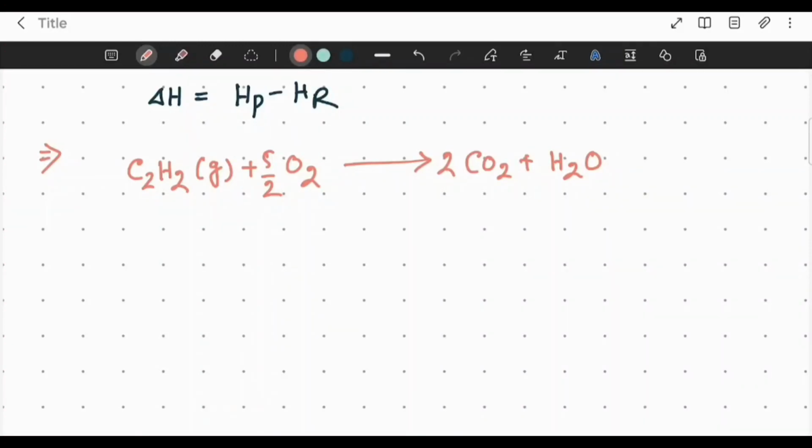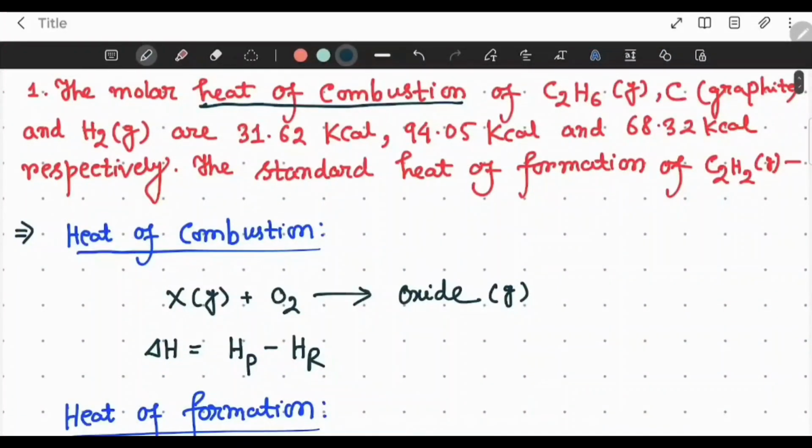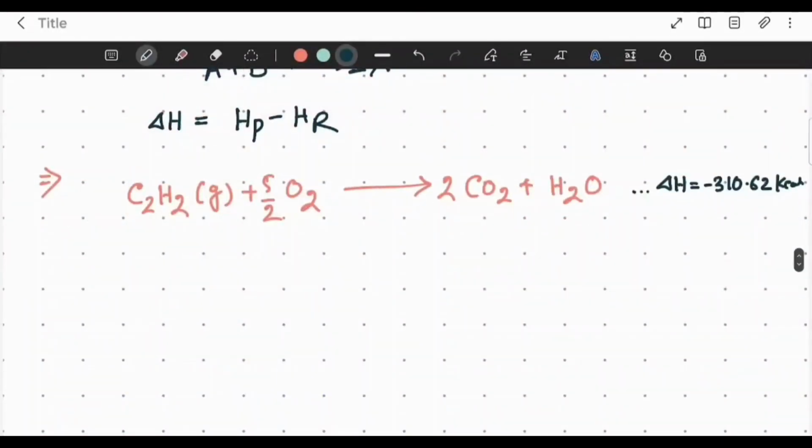calculate the del H. Okay, and the del H for this process is given, that is minus 310.62 kilocalorie. So this is the heat of combustion. That means the heat generated during the combustion process, this amount of heat is coming out.